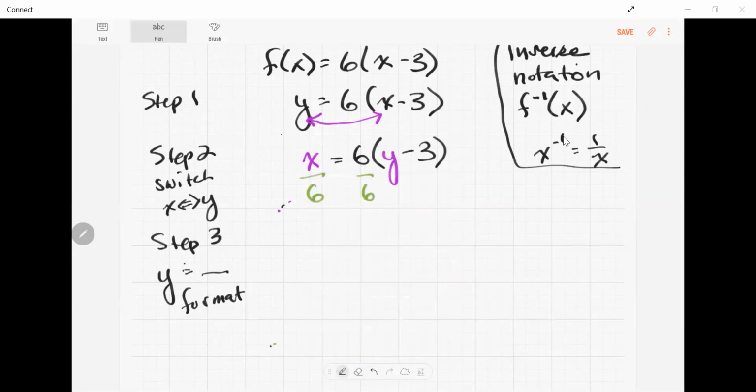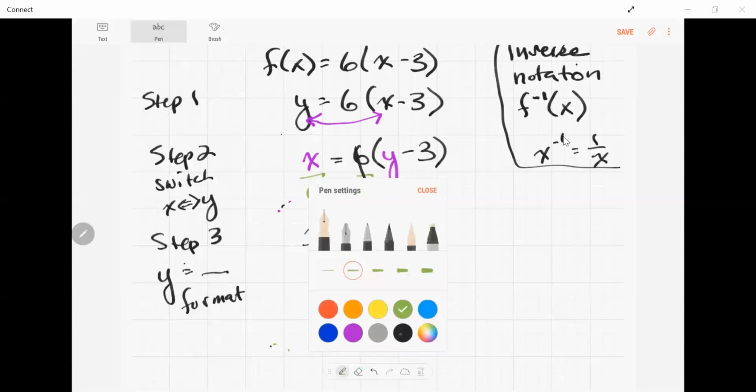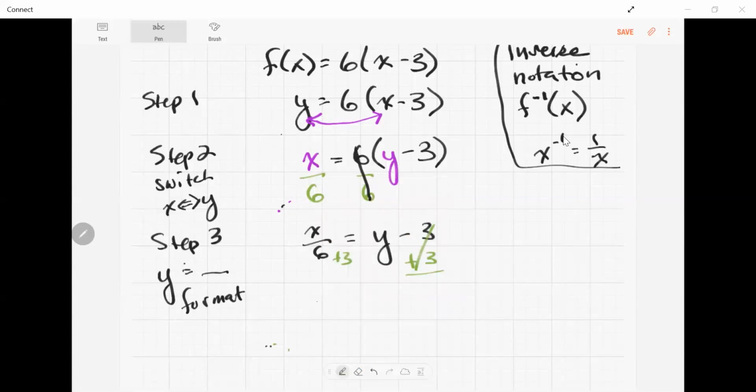Now this is x over 6, and this changed into a 1, so now it says y minus 3. Now I just add 3 to each side. That makes this a 0, and add 3 to this side, and I'm just about done. So now this says x over 6 plus 3 equals y.